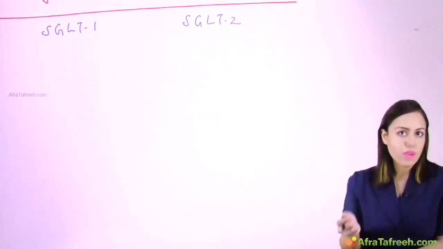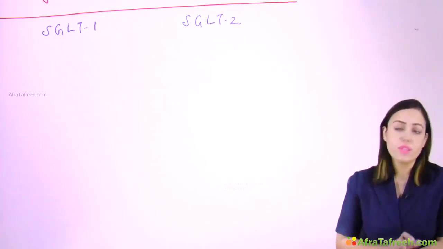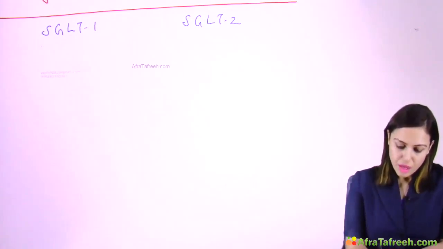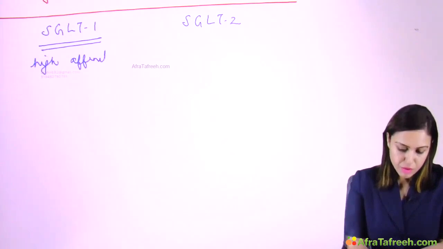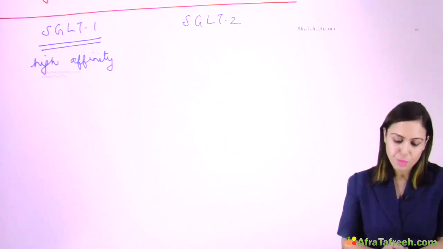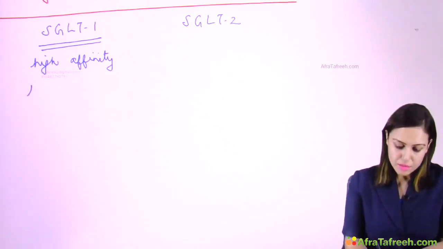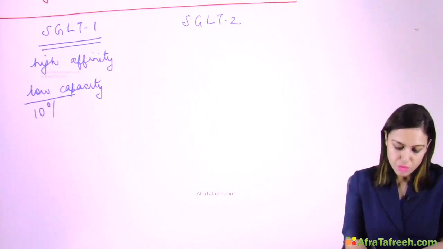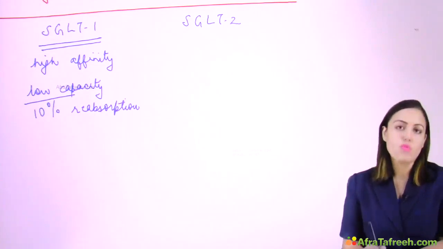Like GLUT1, 2 and 3 are present, SGLT1 and 2 are also present. SGLT1 is a high affinity transporter, like I told you GLUT1 and 3 are high affinity transporters. SGLT1 is high affinity, and it has low capacity. Low capacity means it is responsible for the reabsorption of only 10% of the glucose.